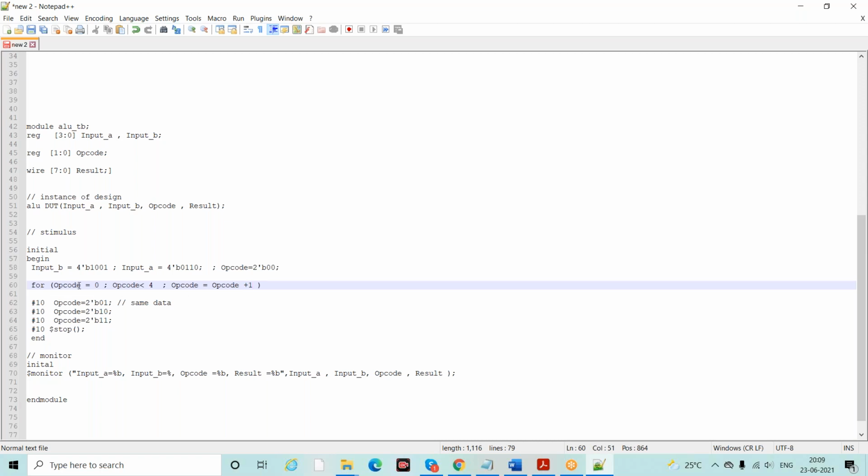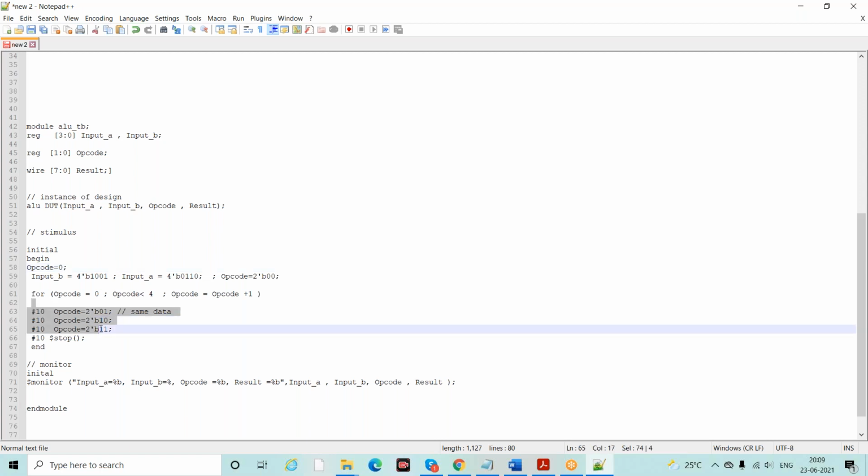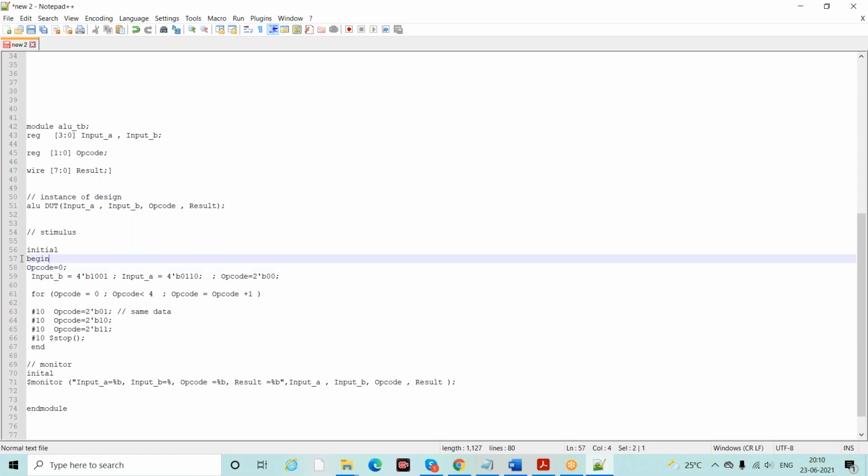So this opcode you need to initially make 0. Oh, sorry, I will take another variable and call it reg.